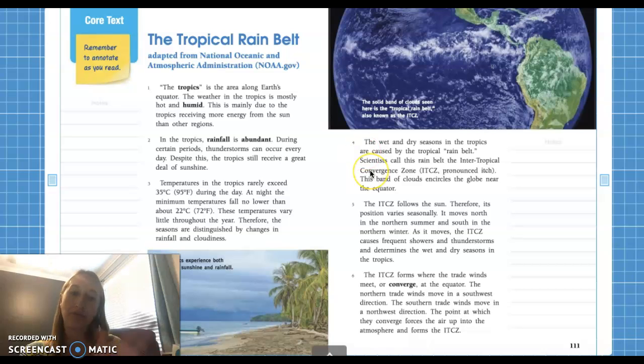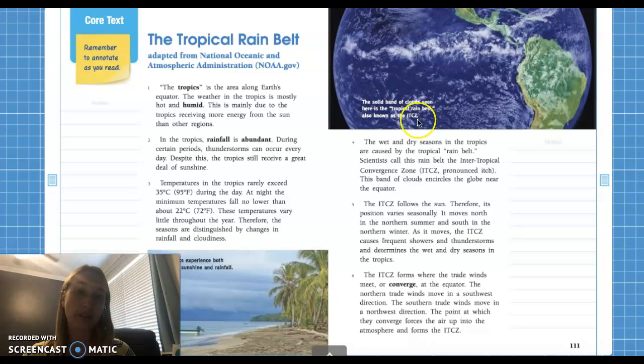Okay, so let's look at this picture. Remember, let's look at our passage. A lot less pictures and more words, more details, right? We're going to read the full thing about what the tropical rain belt is. Okay, so let's look at this picture down here. The tropics experience both abundant sunshine and rainfall, meaning they receive a lot of sunshine and a lot of rainfall.